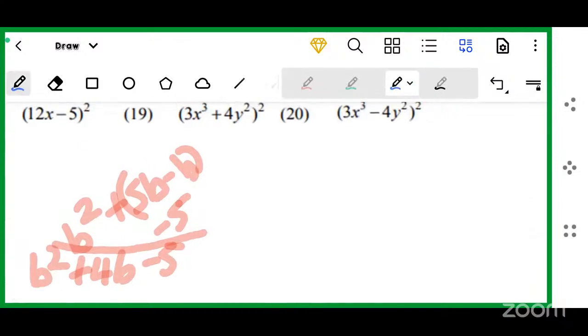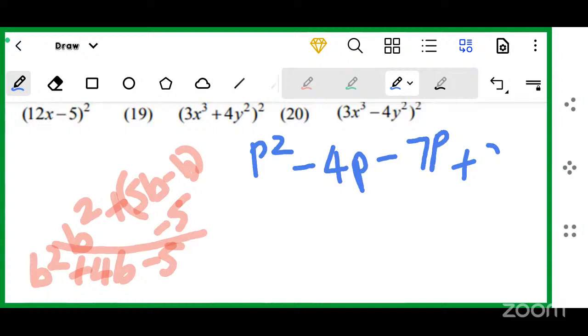So you said it's p to the power of 2 minus 3p. Am I correct? No, ma'am, 4p. Sorry about that. Minus 4p, and the second one? Minus 7p, plus 28. Okay, what was your final answer?